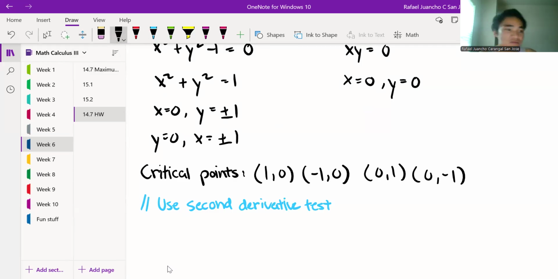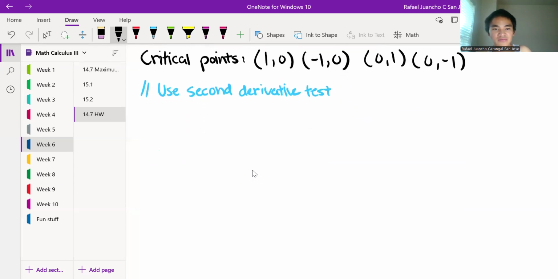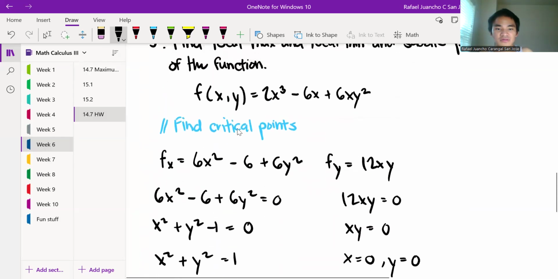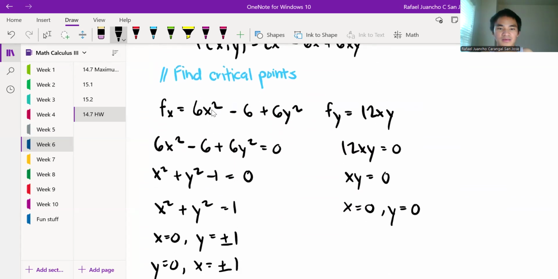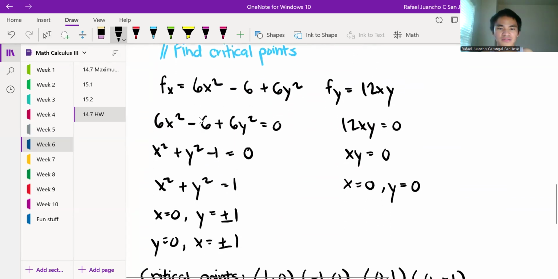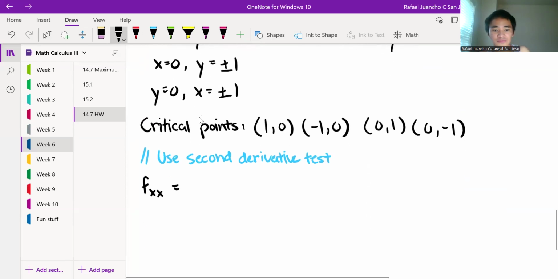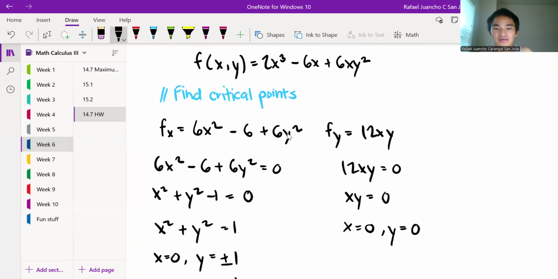So the second derivative test, let me just turn on my light because it's getting dark. So my second derivative test tells me I get fxx. So here this is, okay, 12x, right? Because I'm treating x as a variable. Nothing, nothing.